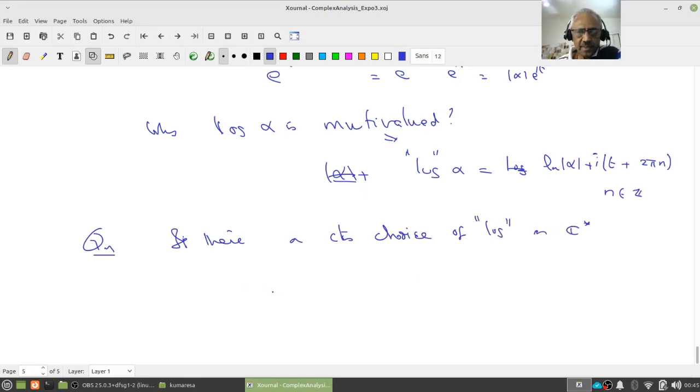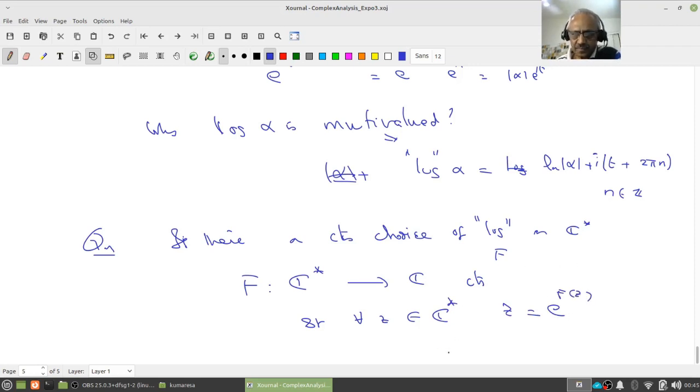What does that mean? Let me call it f, a function f from C star to C, continuous, so that for every z in C star, z is e power f of z. Then f will be a continuous logarithm.